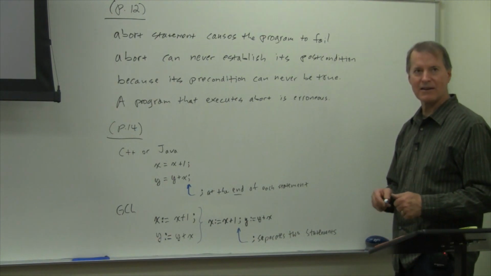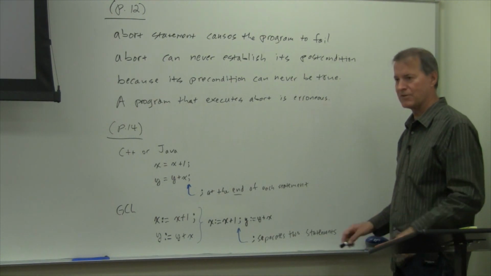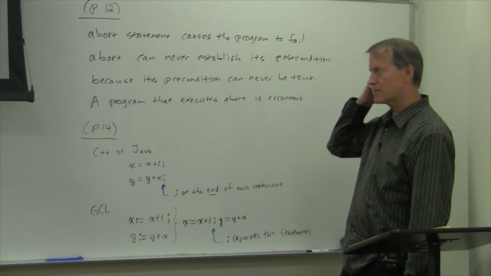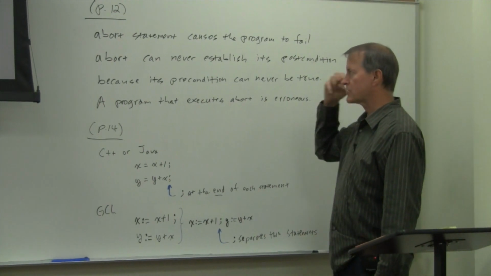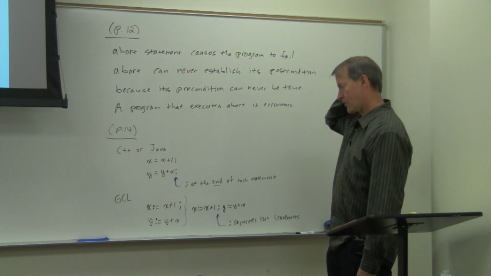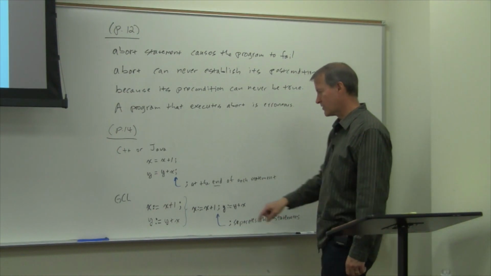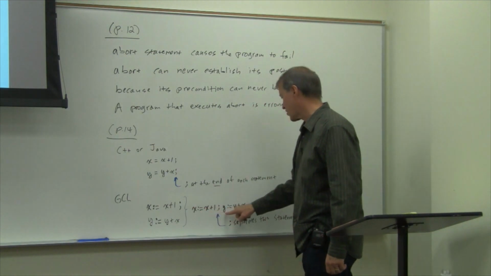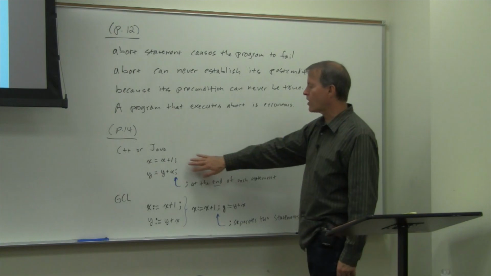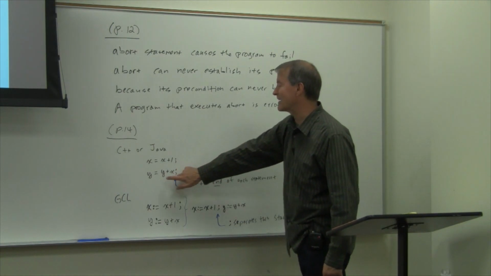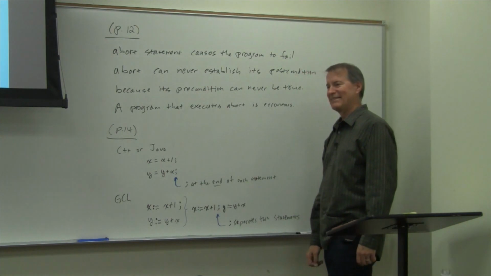Does everybody see the difference? There's a really fundamental difference in the syntax of GCL and C++ or Java in the meaning of the semicolon. Notice that there's no semicolon down here, and so you can write this all on one line like this. You can also write the other all on one line, but then you would need this semicolon at the end of this statement. You see what I mean?